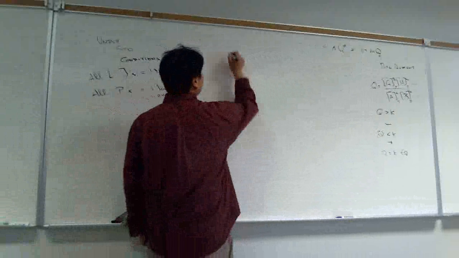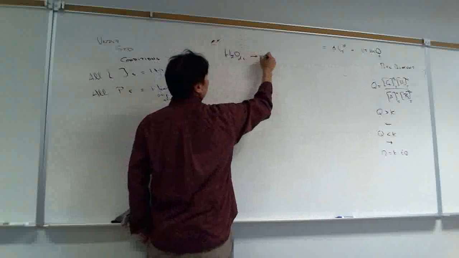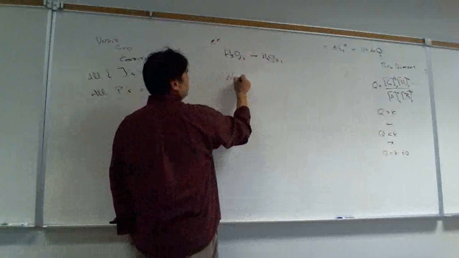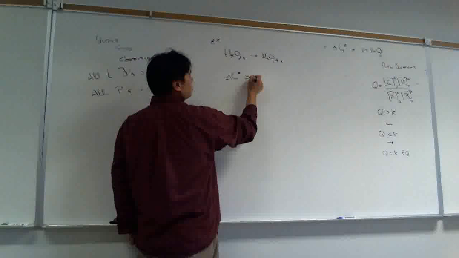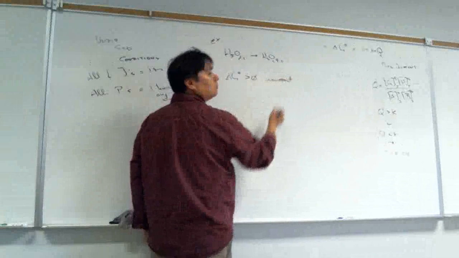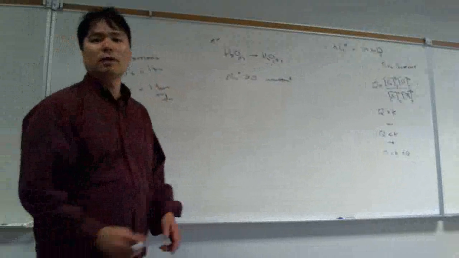One of the applications we'll see is this. If we go from H2O liquid to H2O gas, we saw that the delta G for this under standard conditions is greater than 0, and we said it's non-spontaneous. We had different choices that we could make.